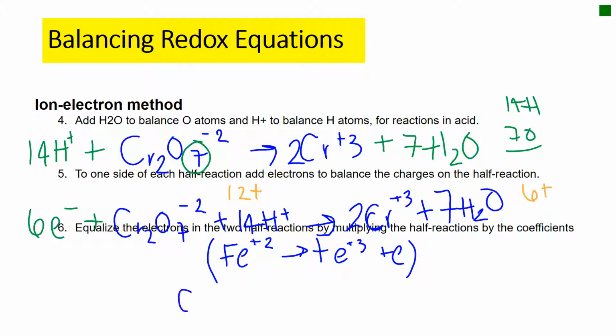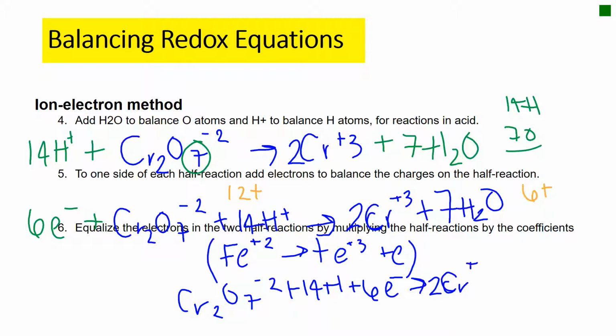And then we have Cr2O7 2- plus 14H+ plus 6e- going to 2Cr3+ plus 7H2O.